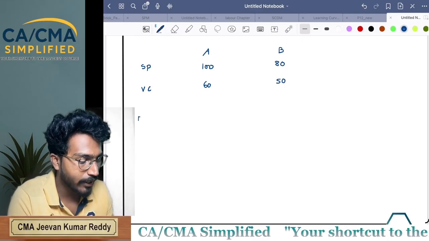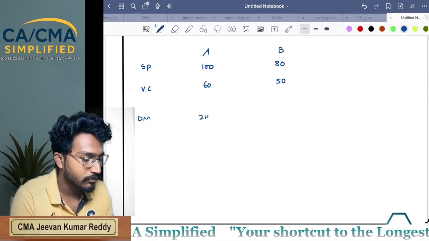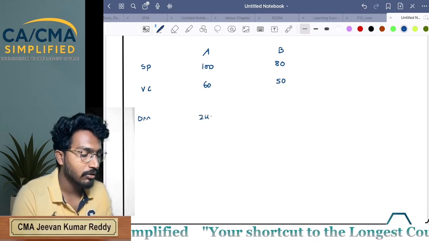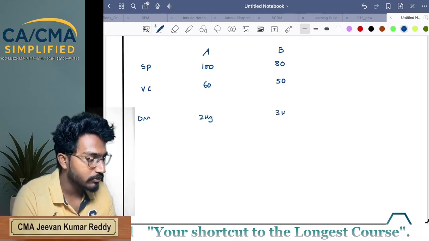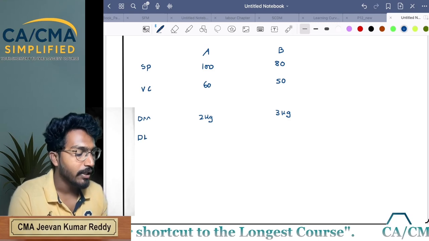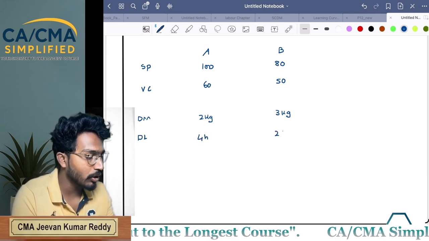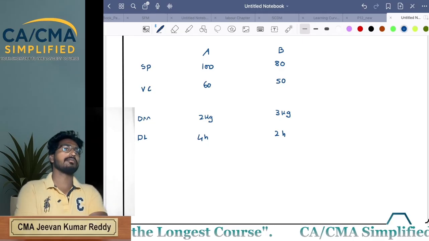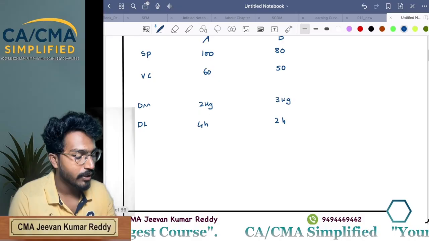Direct material: A requires 2 kgs, B requires 3 kgs. Direct labor: A requires 4 hours, B requires 2 hours. This is the problem.